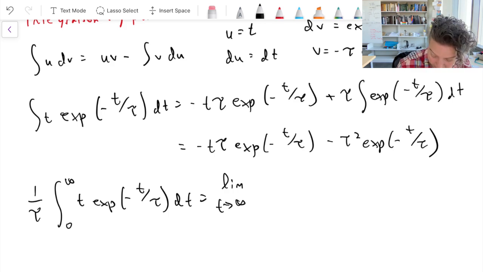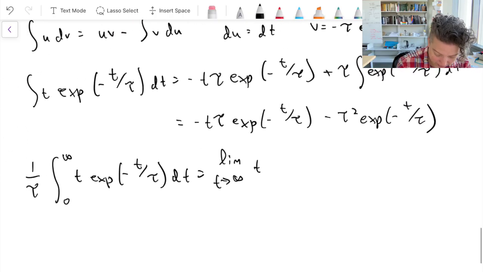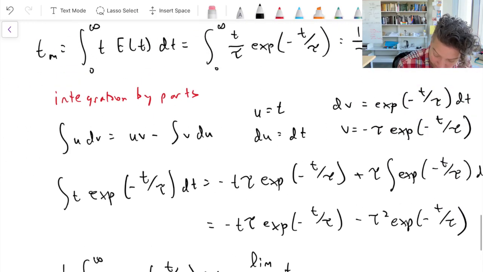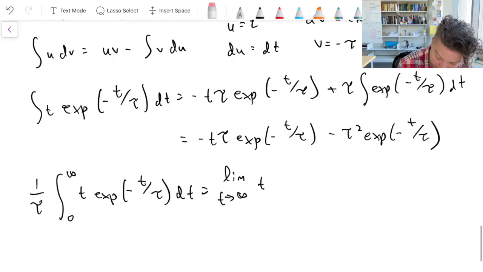I should note here I've divided through by tau because I had to recapture my original formula. So my original integral, I divide everything through by tau. So what I've done here is take out this tau and one of these taus.